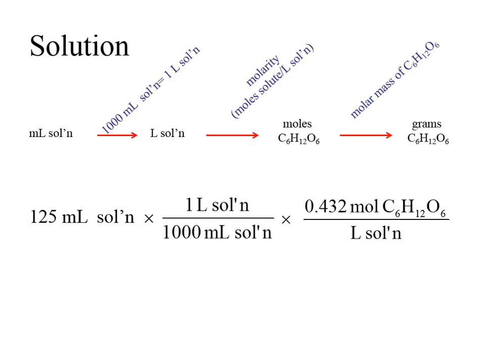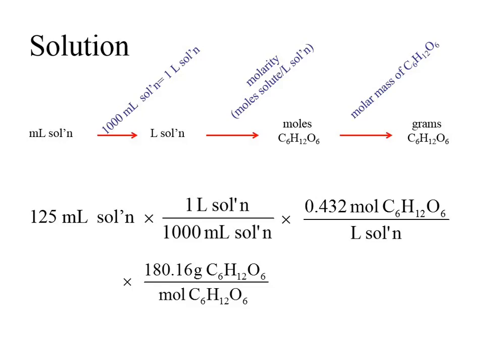Perfect. Now I see an error here because I don't have on my slide what the molar mass is, do I? So do we use the flipped version or the non-flipped version of molar mass? The non-flipped version. Yep. So if you were to do a little side calculation, you would come up with 180.16 grams per mole as the molar mass.